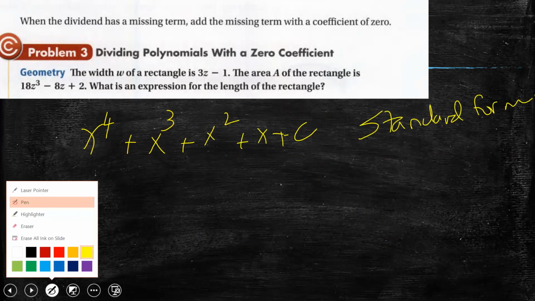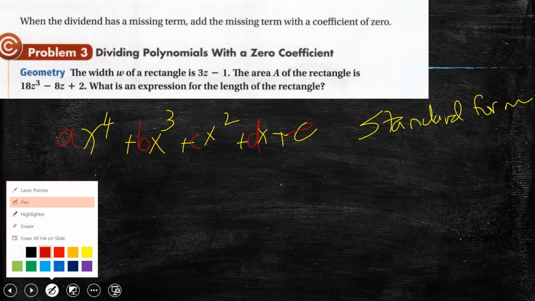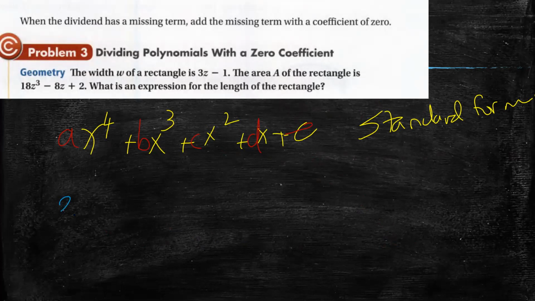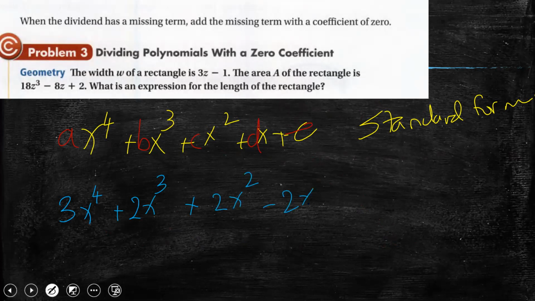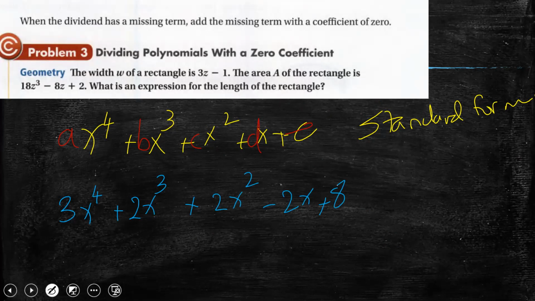And we can write them with constants like a, b, c, d, and e. If you have this example here, 3x to the power 4 plus 2x cubed plus 2x squared minus 2x plus 8. Is there anything missing here?